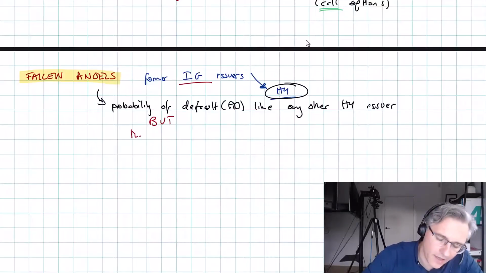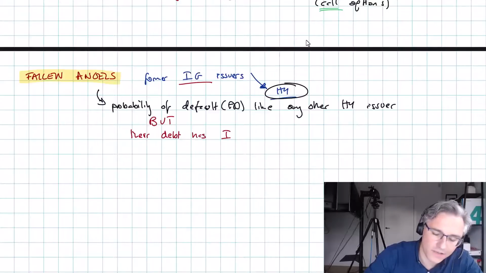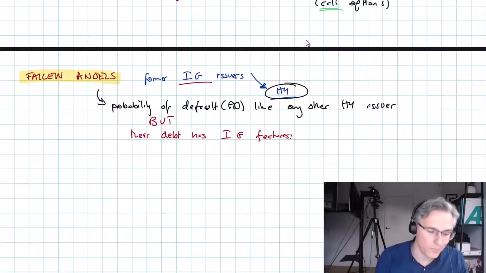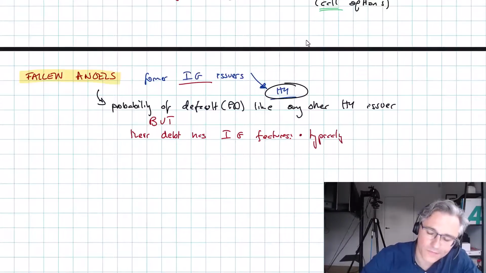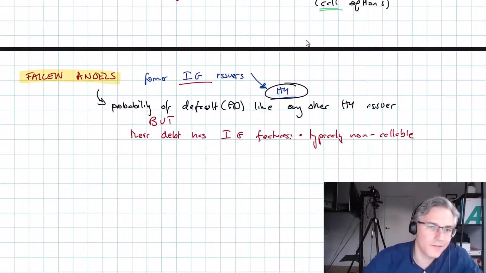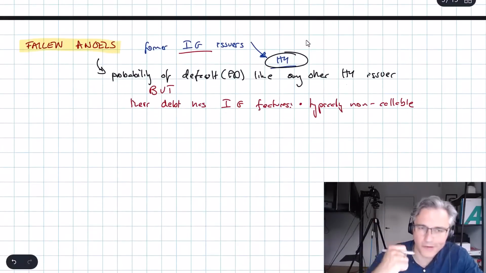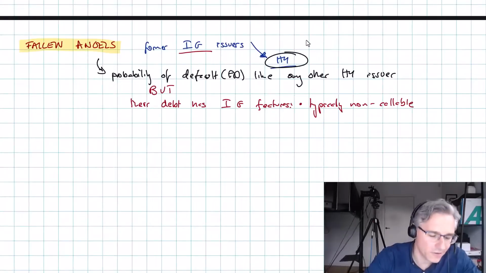So their debt definitely has investment grade features, which makes for an interesting combination, because the debt doesn't really suit the situation of the issuer anymore because it's changed. So it's typically non-callable, whereas callable debt is very characteristic for high yield issuers. That former debt isn't going to be callable.